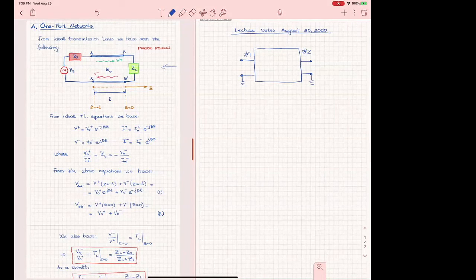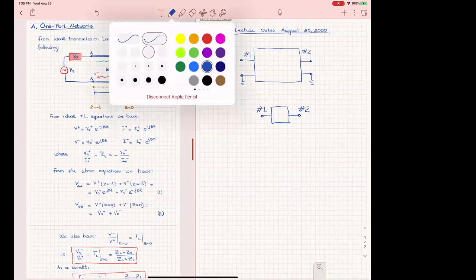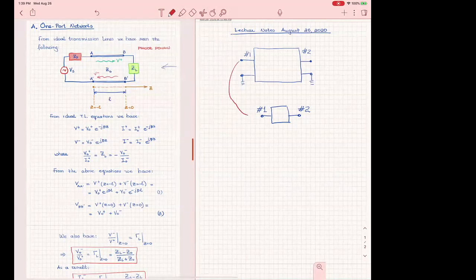If the nodes are not grounded and they are connected somewhere to a different box, or there is something more complex, then it's going to be indicated. In case you see something like this, which is a simplification of the above, this is still port 2, this is still port 1. The only thing is that each of the nodes indicates here these ones and this one.